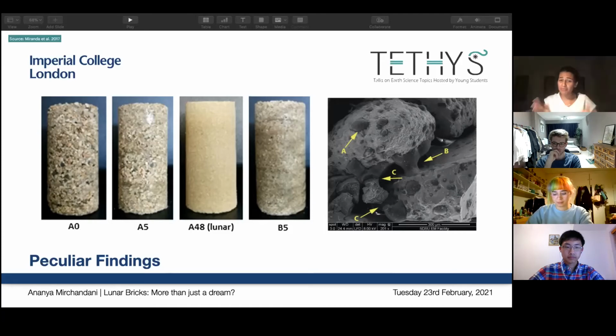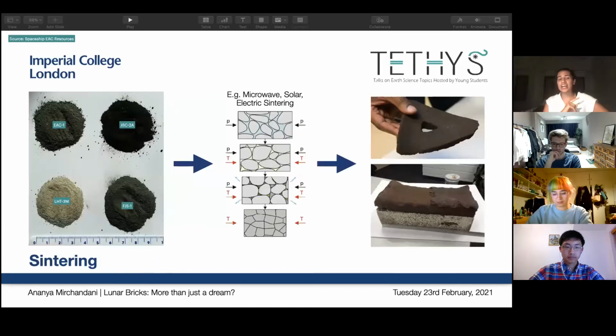There are several other methods of making bricks, but due to time, I'm only going to talk about solar sintering. So what is sintering? Simply put, it is the process of heating powdery material into a solid form, seen here, powder into bricks.